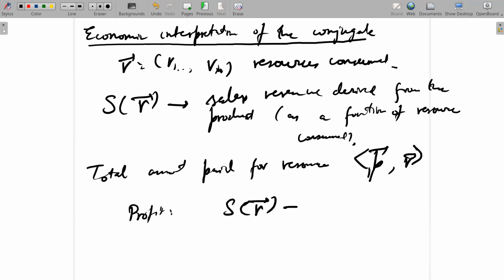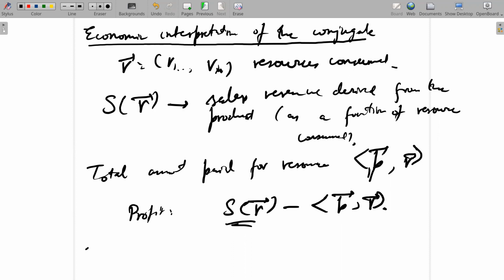Profit is S(R) minus P dot R, which looks very familiar from the conjugate function. S(R) is the sales revenue as a function of the resources consumed, and P dot R is the total amount you have paid for the resources. So this difference essentially measures the gross profit you have made.